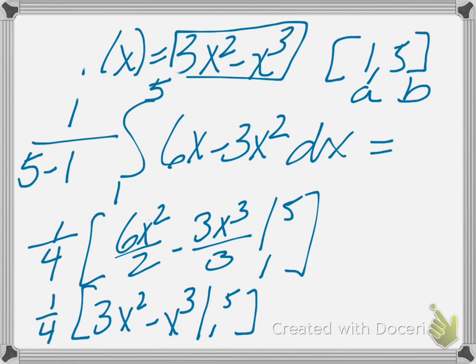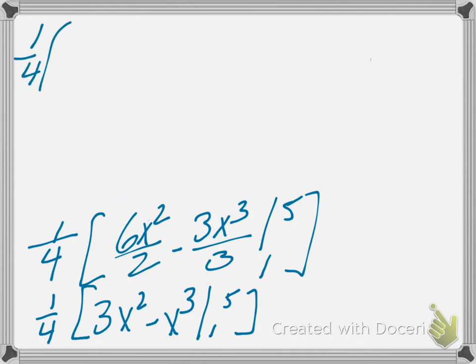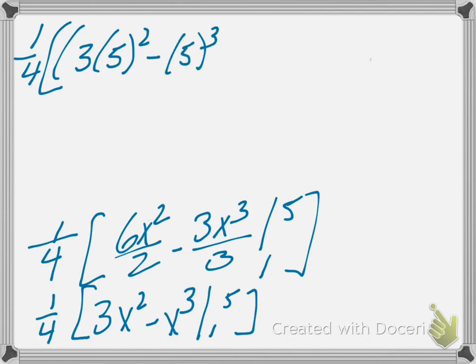I'm going to erase up here and make some room. So first I'm going to put 5 in there. So we're going to get 3 times 5 squared minus 5 to the third, minus, now we're going to put 1 in there.